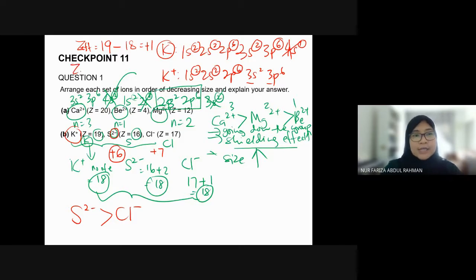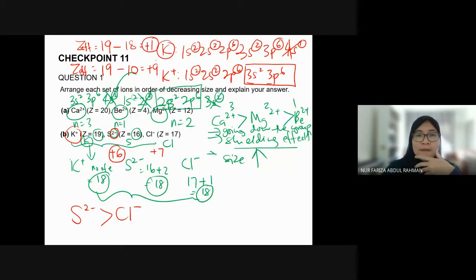Okay, how do we calculate the Z effective for K+? Okay, sama juga 19 sebab Z minus the core electron kan. Okay, for K+, the core electron is now, we have 10. 10 sahaja dekat situ. Because this is now our new valence shell and valence electron. Okay, so that's why 19 minus 10. So, nampak tak berapa?